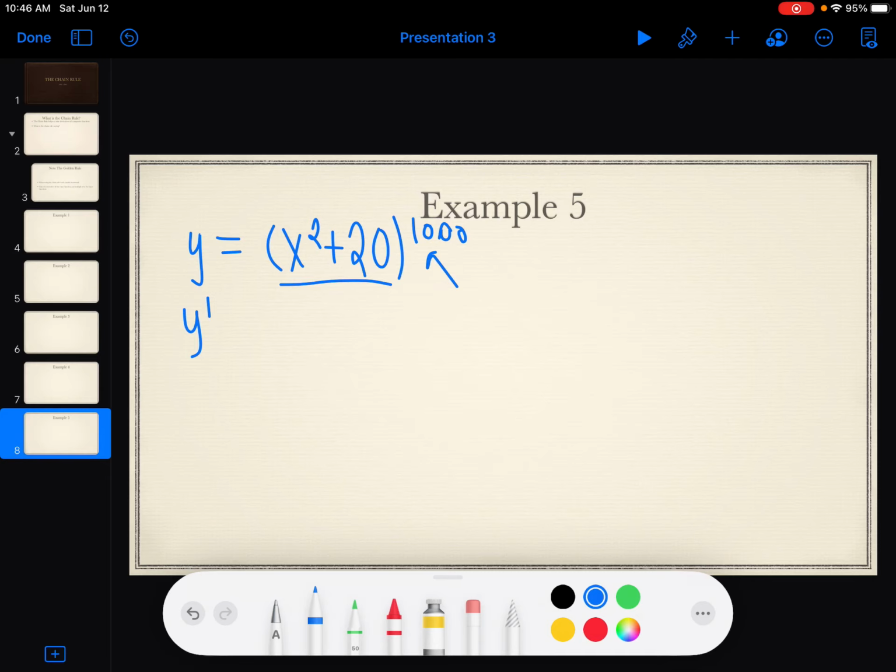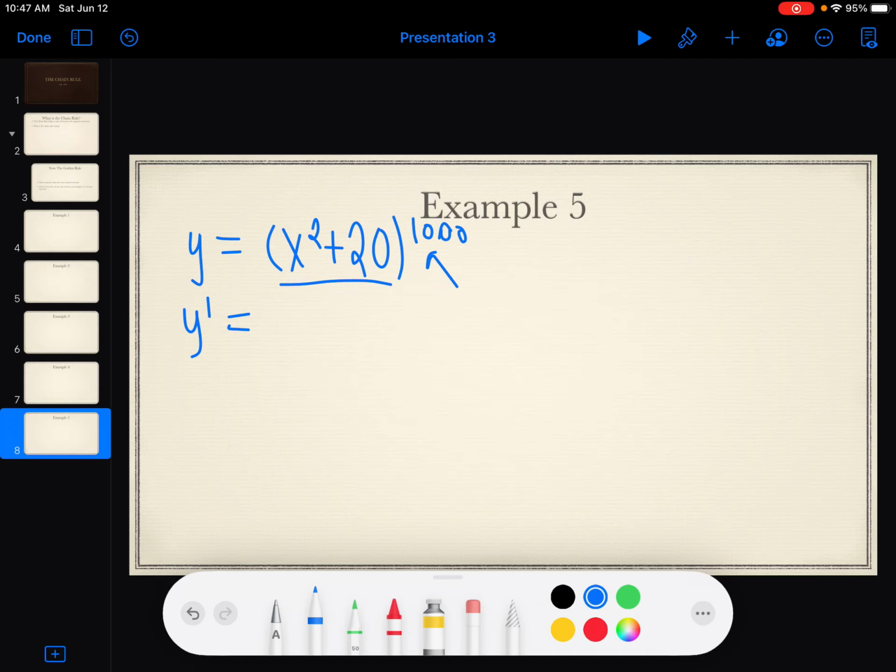So you have an outer function acting on some inner function. Who's acting on who here? This power, this exponent, is acting on this binomial. So let's take the derivative.